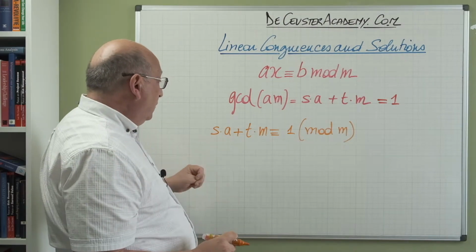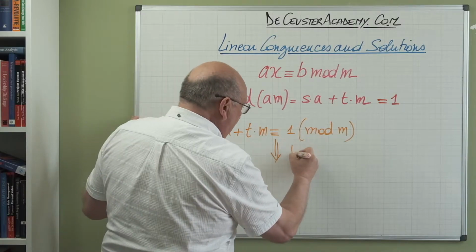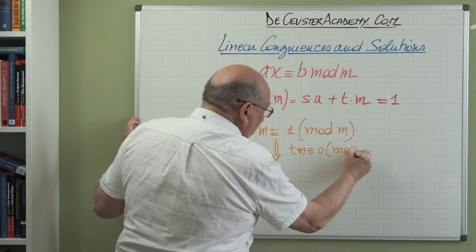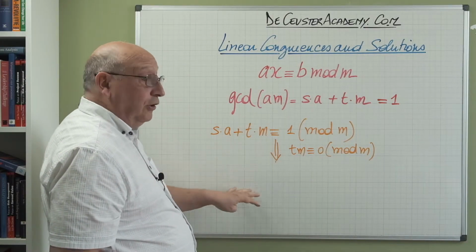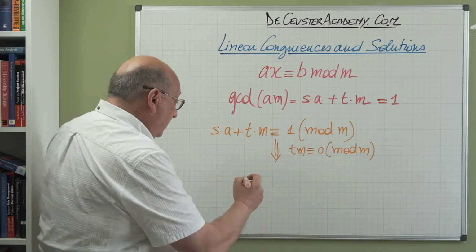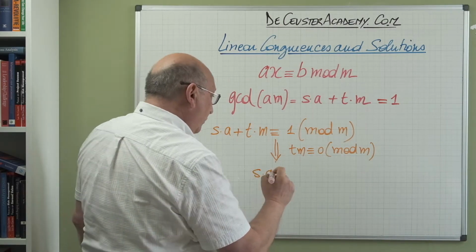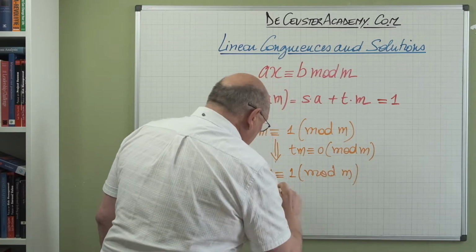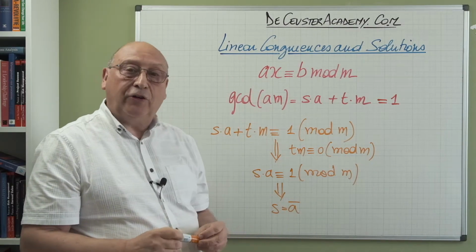And when we look at the modulus M, we know that TM is congruent with 0 modulus M. So in modular arithmetic, this becomes equal to 0. And the final expression that we have, SA is congruent with 1 modulus M.